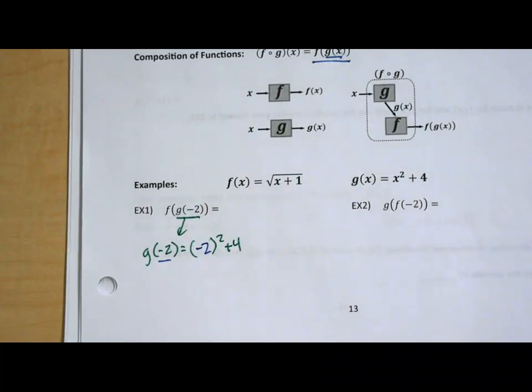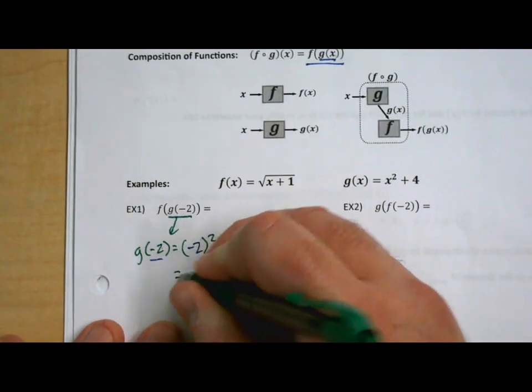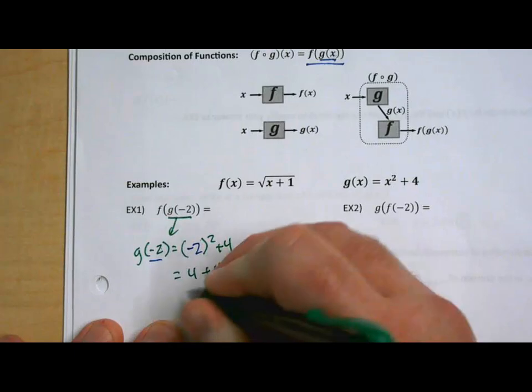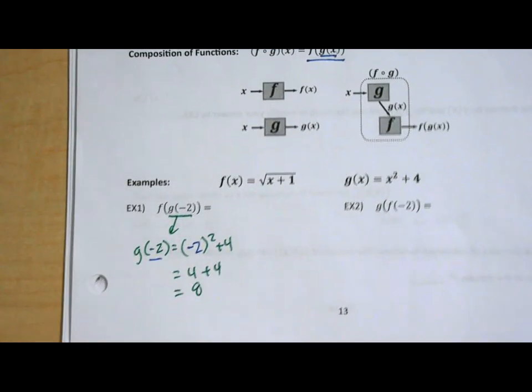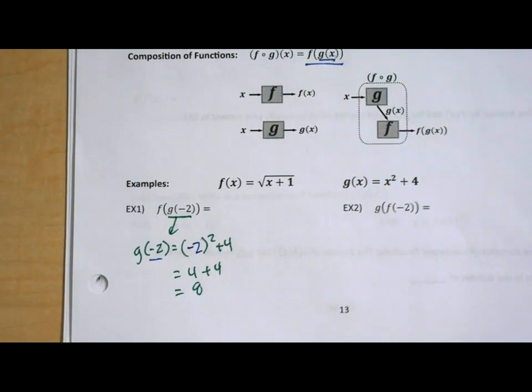The name of the game today is fancy substitution. Negative 2 squared plus 4, which would be 4 plus 4, which is 8. Now that's not our answer, that's just the innermost part of it. G of negative 2 is 8.